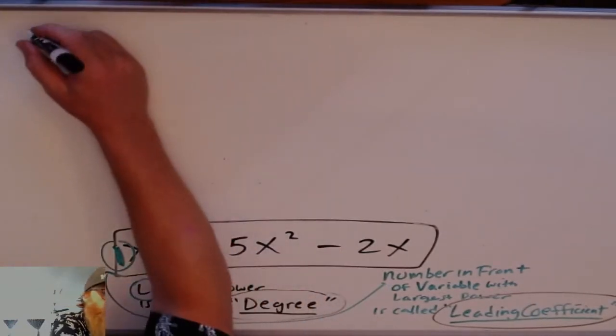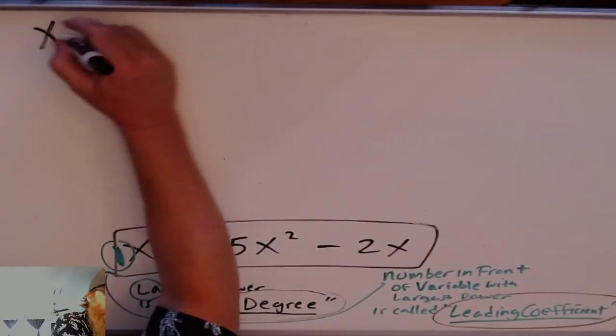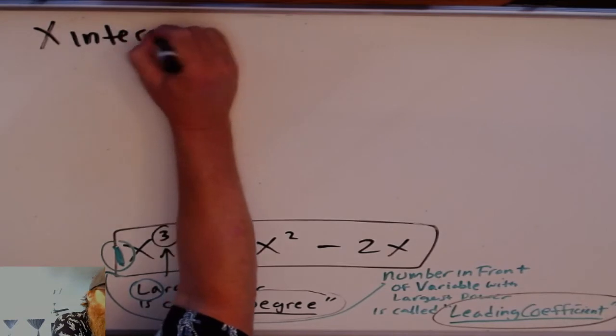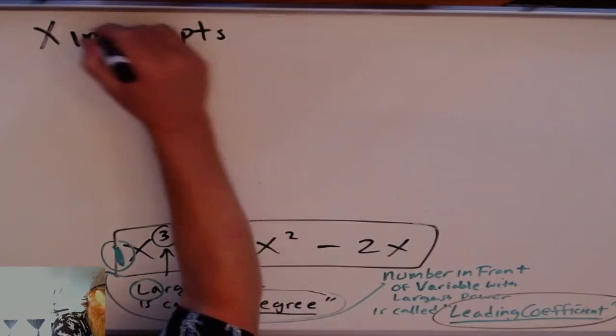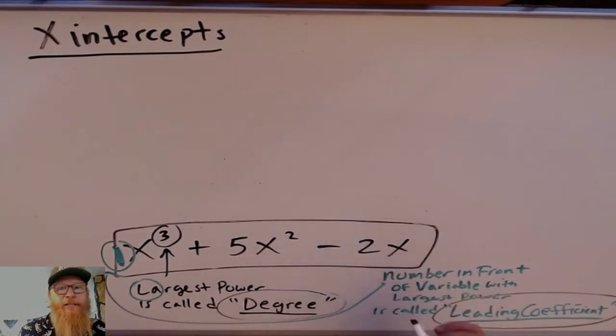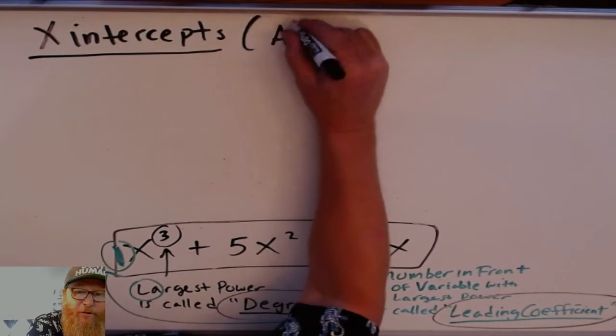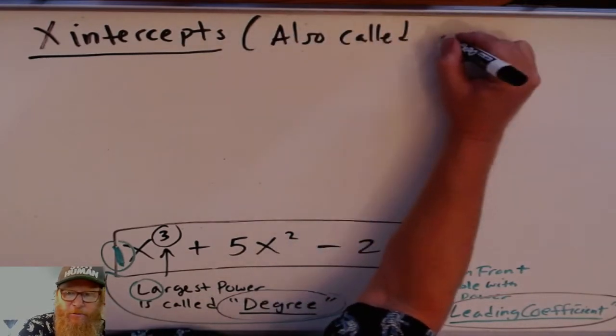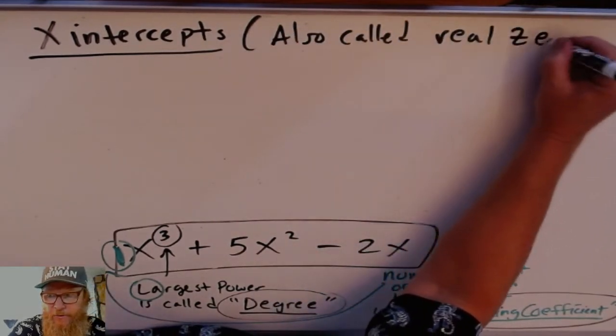So, x-intercepts. X-intercepts, where it crosses the x-axis, they're also called real zeros.